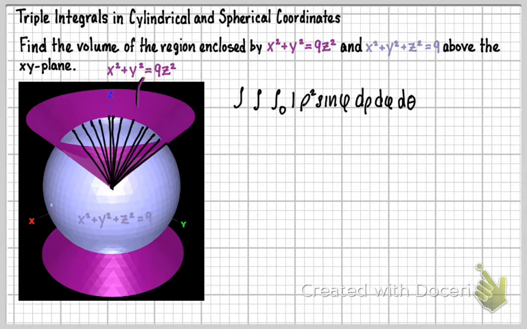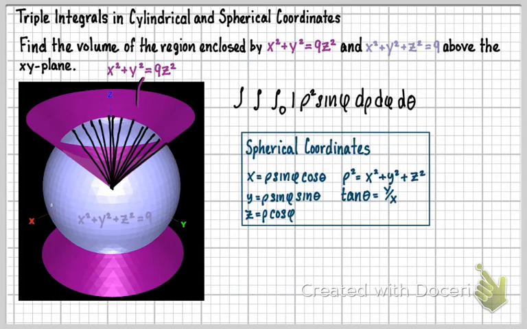Now I'm going to have to understand that sphere here, and I'm going to need the spherical coordinates to show you this. And notice this here, rho squared equals x squared plus y squared plus z squared. So notice this piece here.